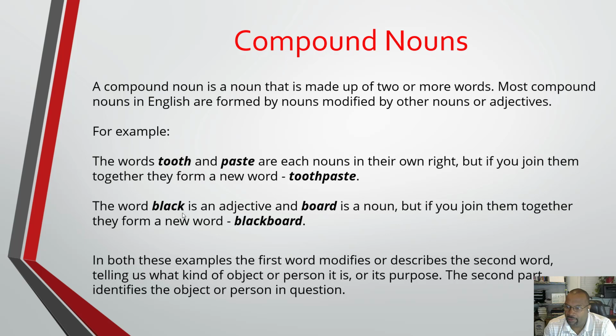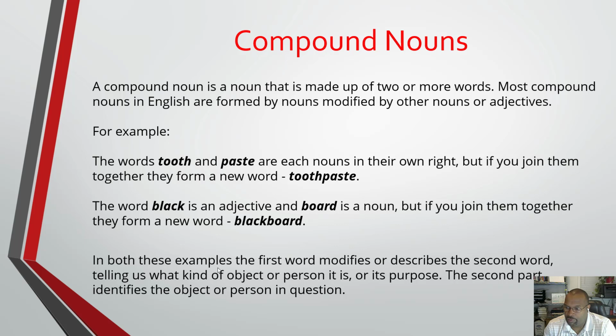The word black is an adjective and board is a noun. If you join them together, they form a new word, blackboard. And a blackboard is a noun. So this adjective, black, plus this noun, board, becomes a compound noun, a thing, a blackboard.